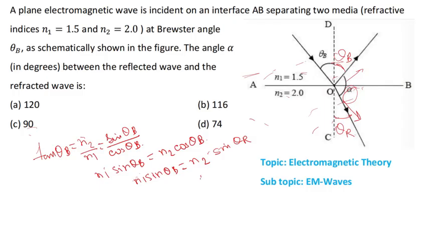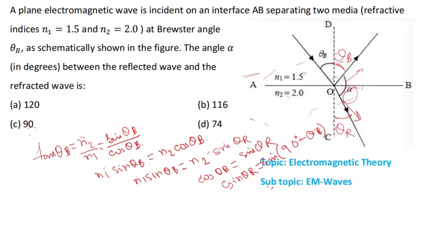Therefore, we can write cos theta b equal to sin theta r, or basically sin theta r equal to sin of 90 degrees minus theta b, which is cos theta b.